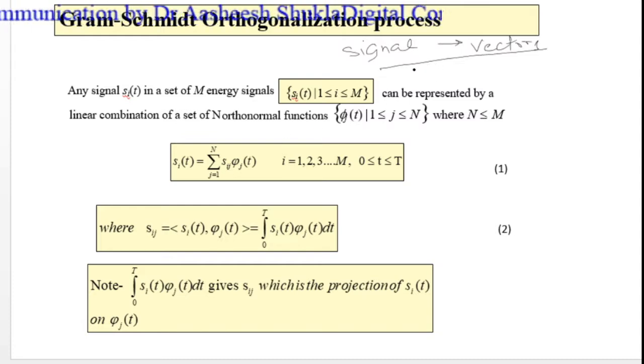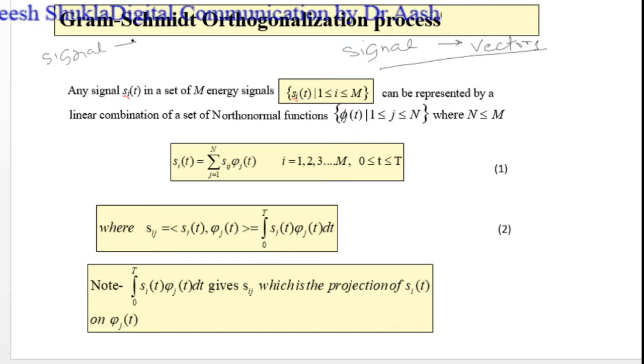Because in some cases, whenever we want to do mathematical analysis in digital communication, it will be more beneficial for us to represent our signal in the form of vectors, because lots of mathematics is already known in the case of vectors. Because a signal can be represented in the form of a vector, for mathematical analysis it will always be easy.